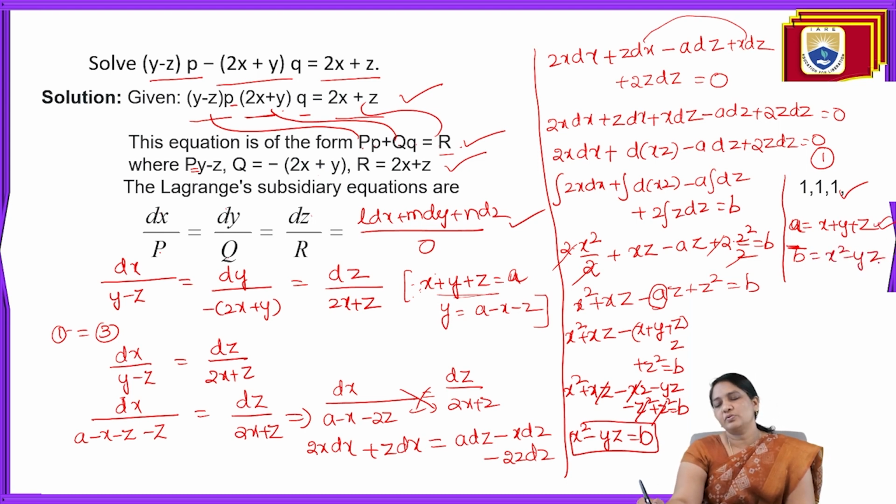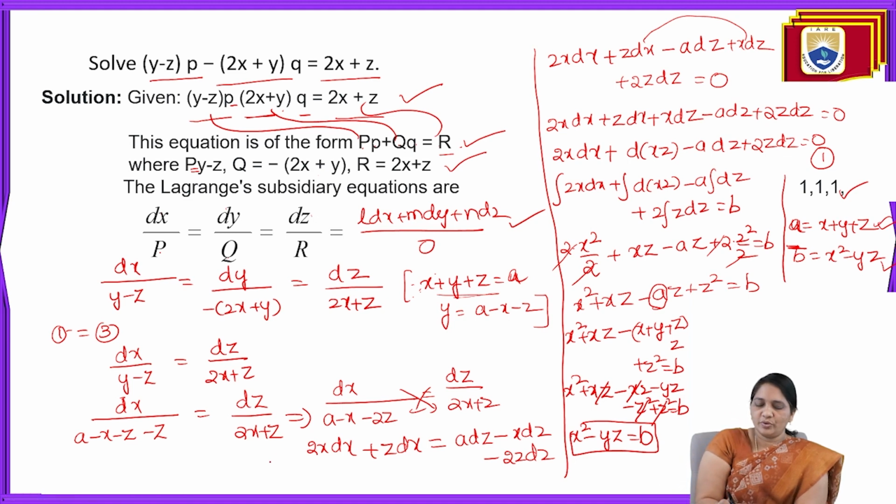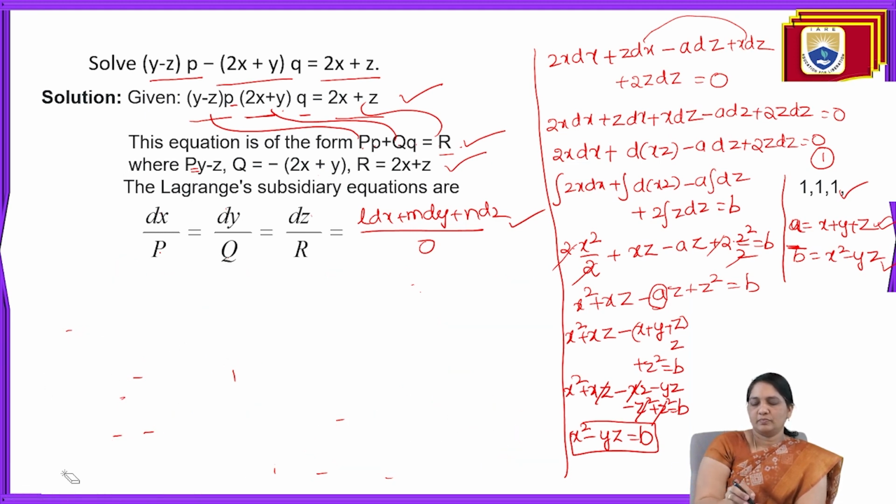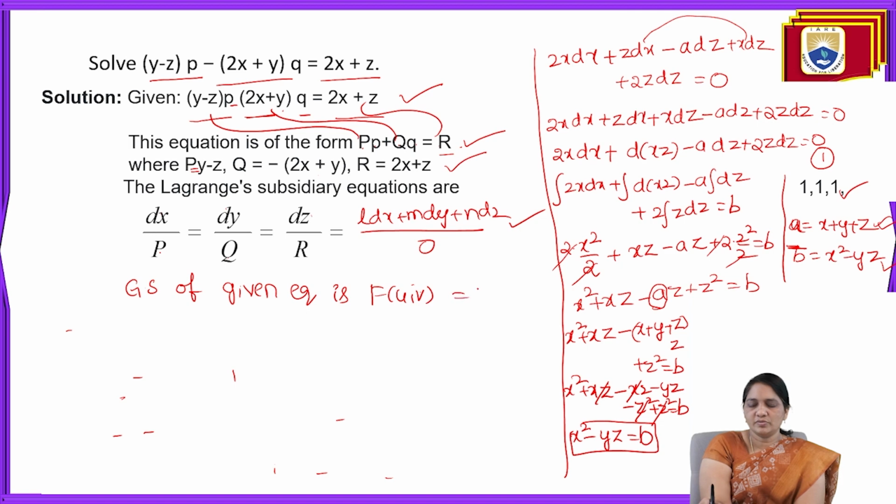Now I have the first solution and the second solution. I am going to write the general solution. So the general solution is f of u comma v equal to 0. So the general solution of the given equation is f of u comma v equal to 0.